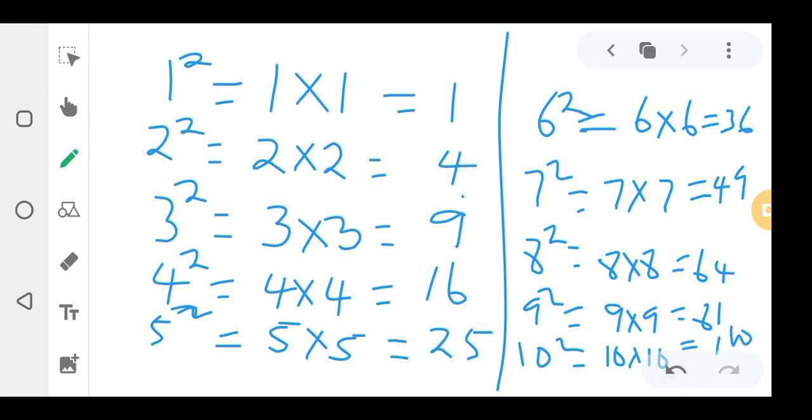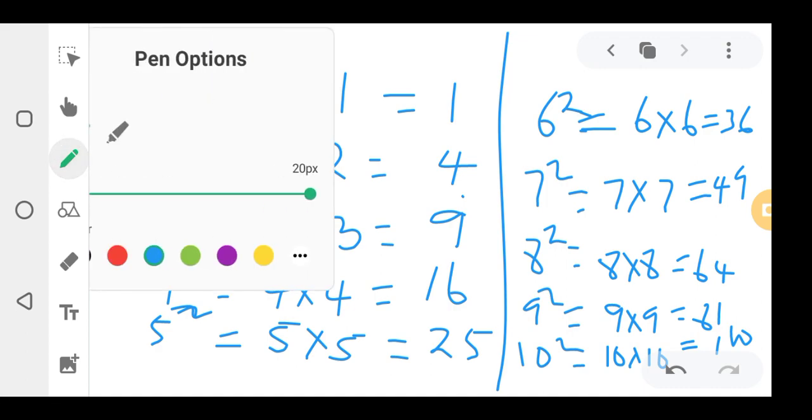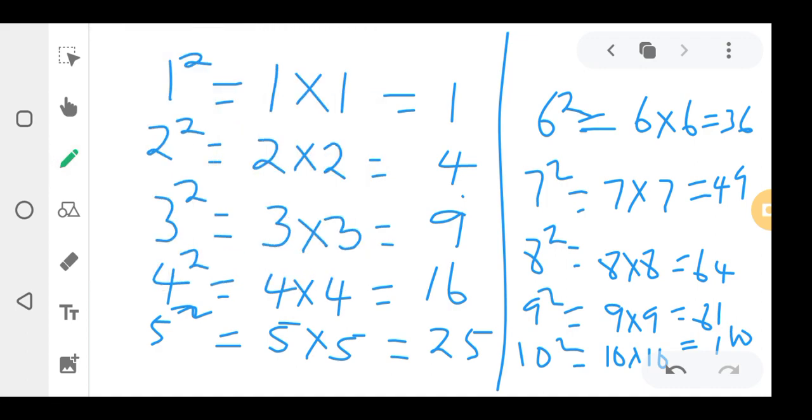So these numbers that you are multiplying are squares. You see, they've got a 2. All these are squares, but these ones are perfect squares. If I say write 4 as a square, it is 2 squared. Write 9 as a square, it is 3 squared. Write 16 as a perfect square, it will be 4 squared.